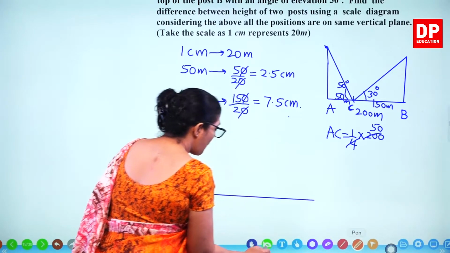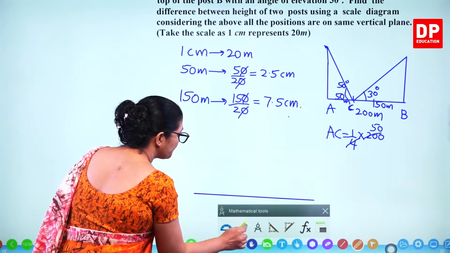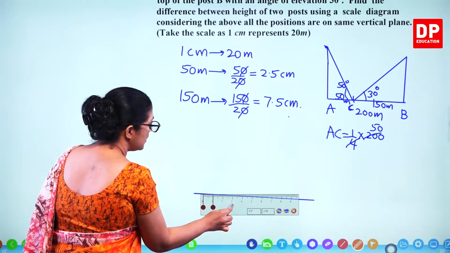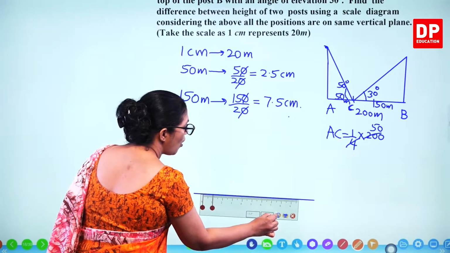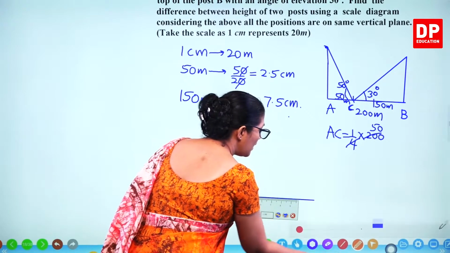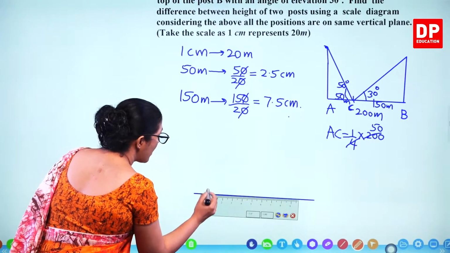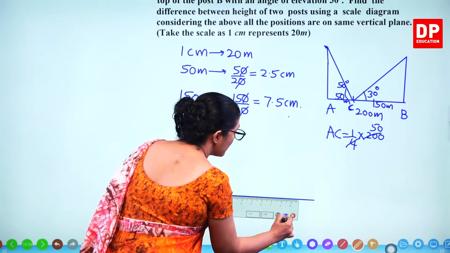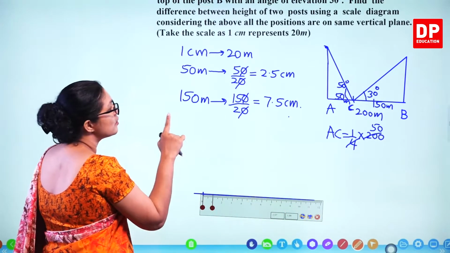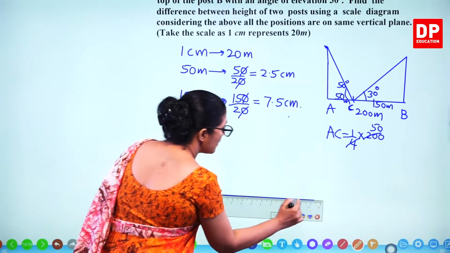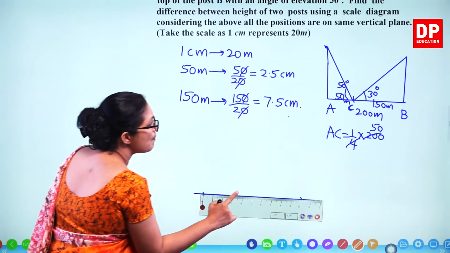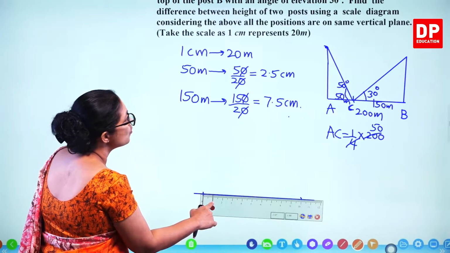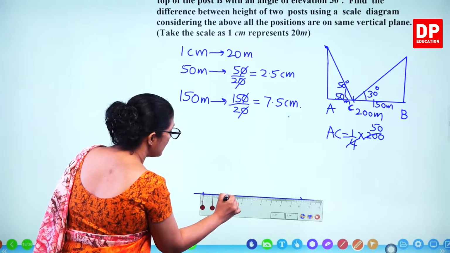So take the ruler. You can measure. This is scale diagrams. You don't need the compass there. With the ruler, and you can measure angles with the protractor. So we can mark here and 10. So the total distance is 10. That's AB, and we can mark the other one as well, C. That's 2.5 here.